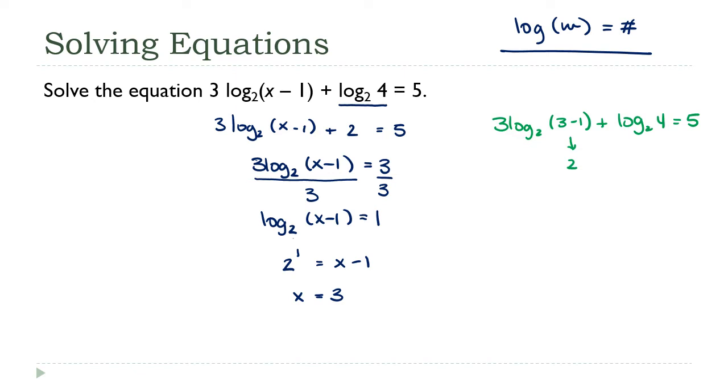So that's really the key thing that we're looking for. When we do this substitution for testing, if one or more of the expressions we're taking the logarithm of becomes negative, then we have to throw away that answer. But that didn't happen here. 3 minus 1 is positive 2. So that's a perfectly good answer, and that is our final result.